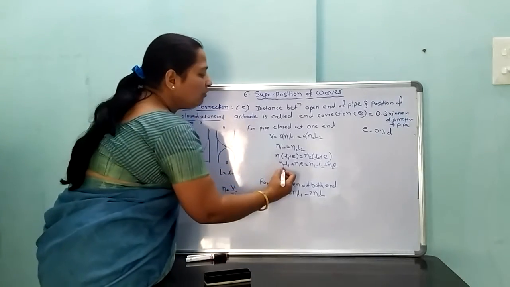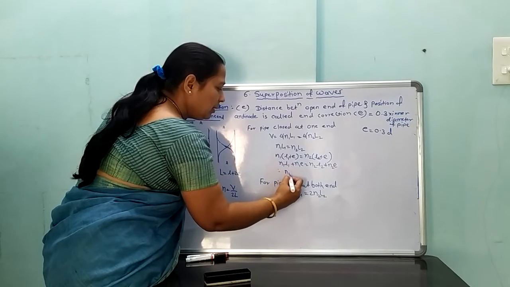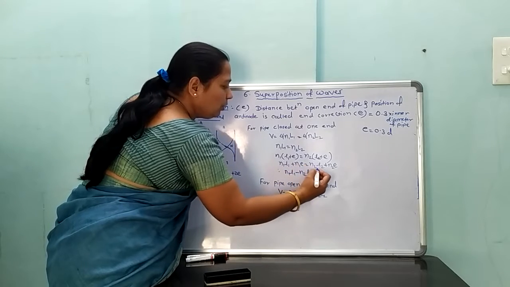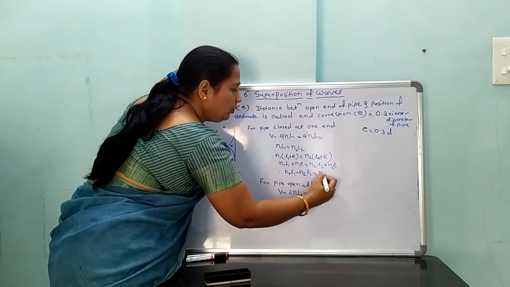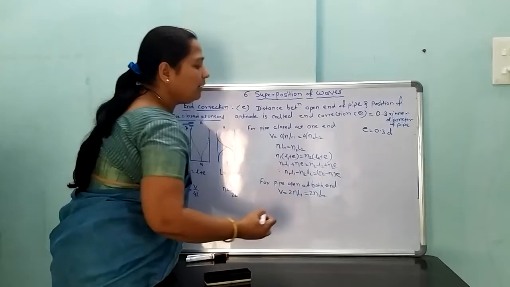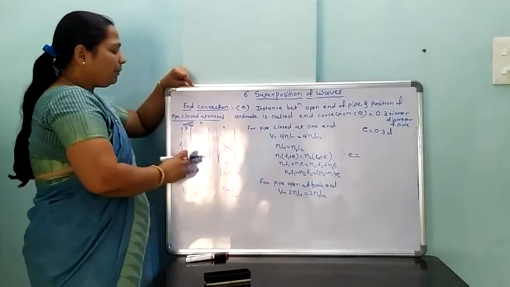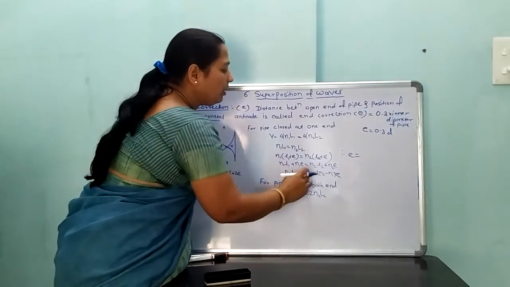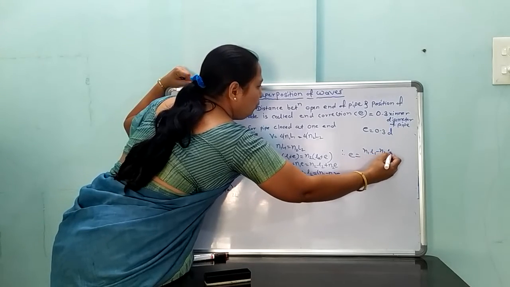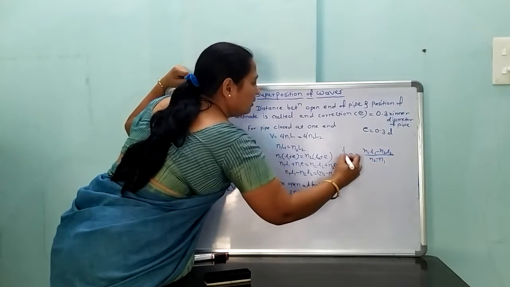Hence, N1L1 minus N2L2 is equal to E multiplied by N2 minus N1. Therefore, the end correction factor for a pipe closed at one end is calculated by N1L1 minus N2L2 upon N2 minus N1.